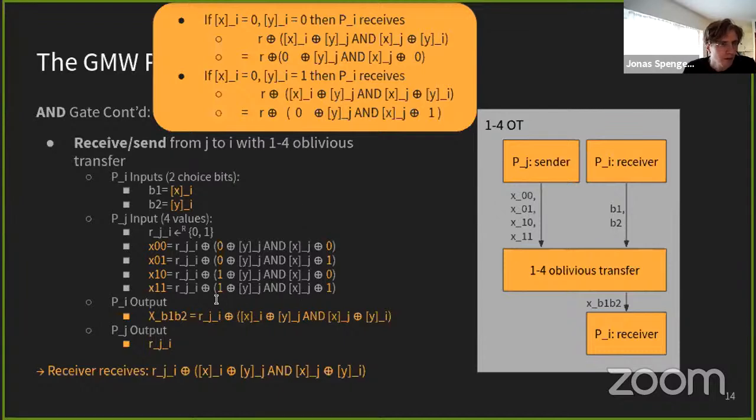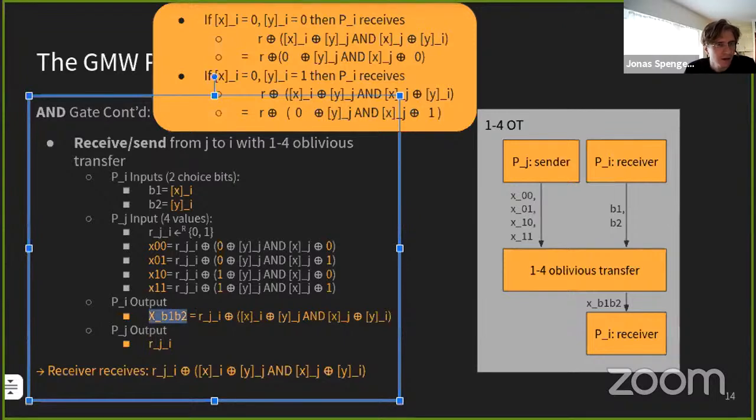The receiver only learns about this value that he receives and nothing else. And because the value is masked by this bit here, a random bit, and the receiver doesn't know what random bit it is, the receiver has not learned any information about what's in this expression here.